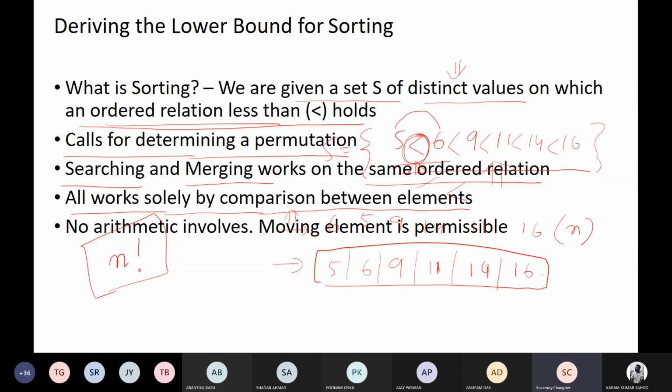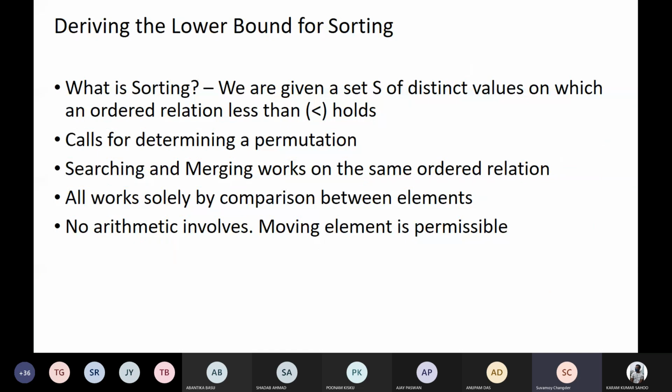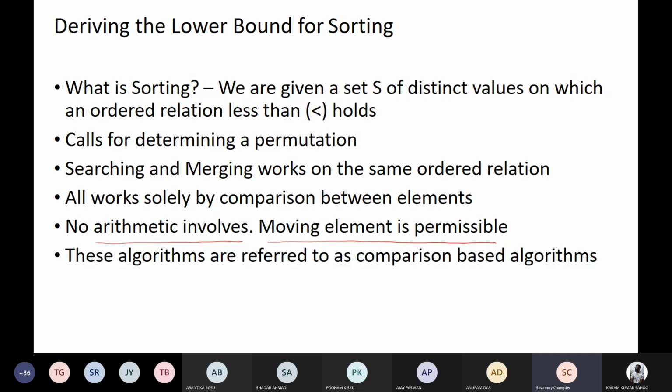No arithmetic involved. In sorting, we are not allowed any arithmetic calculation. Moving elements is permissible. So in sorting, we compare the elements. We do not go for any arithmetic calculations, but we can swap. That means we can move the position of the elements. That is allowed.